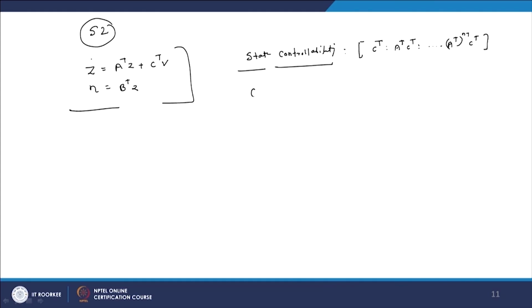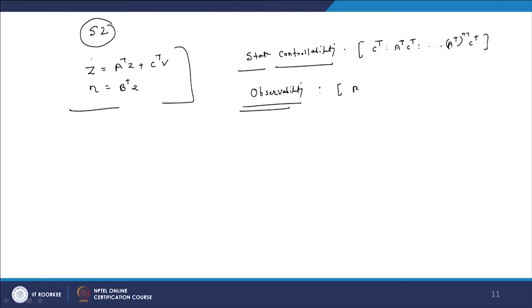And now about observability. Observability depends upon the C matrix, but here the C matrix is nothing but B transpose. Therefore we can write observability as B, AB, up to A raised to n minus 1 B. Now we have got a state controllability equation like this and an observability equation like this, for the S2 plant.